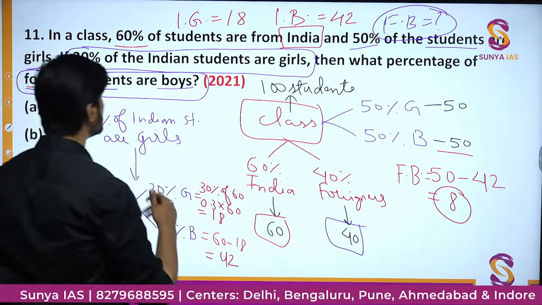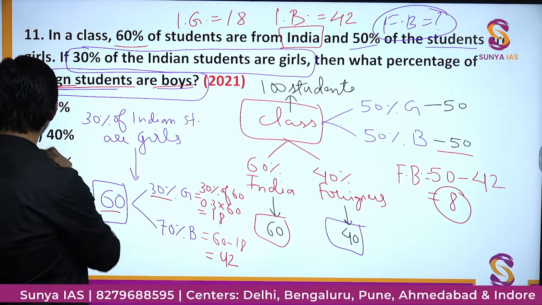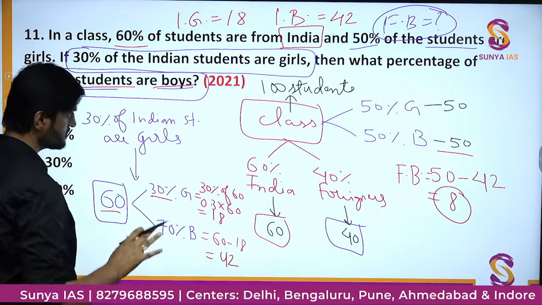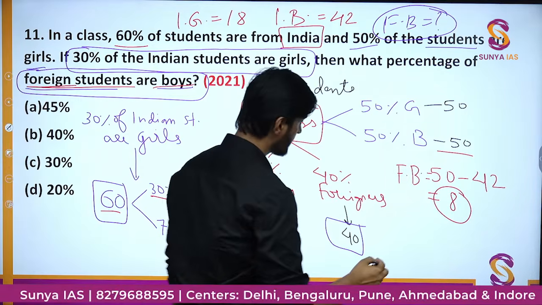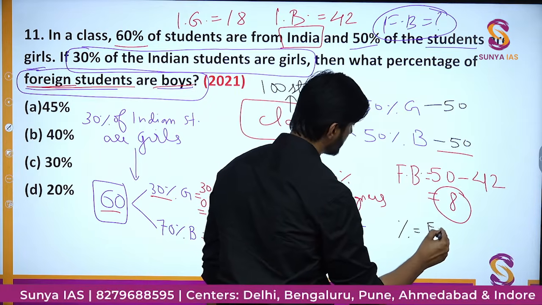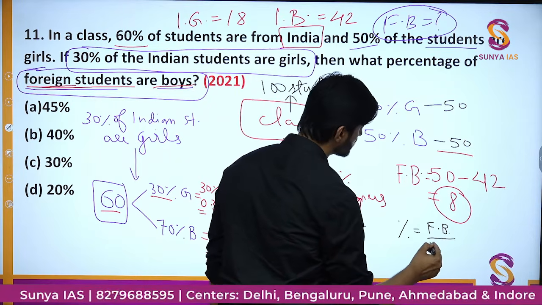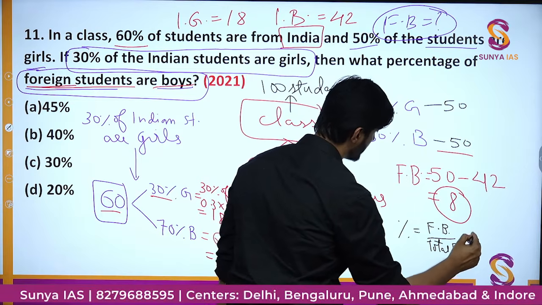What is being asked? What percentage of foreign students are boys? So to get this percentage, what we have to do is just one thing: this percentage is nothing but the number of foreign boys divided by total foreign students, into 100.